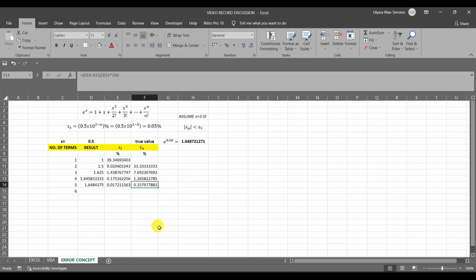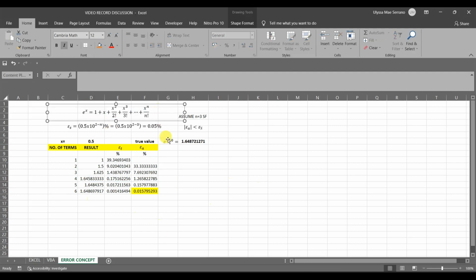Dahil hindi pa rin tayo less than sa 0.05, so, gamitin ulit natin. So, ito naman. And, ang gagawin na natin, x raised to 5 divided by 5 factorial. And same process. We will have here on the 6th iteration, or using the 6th term, ang ating Maclaurin series expansion.